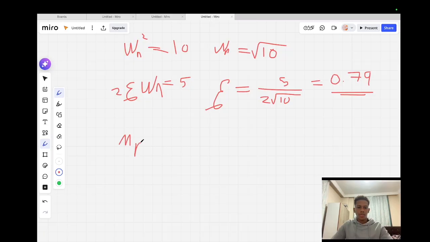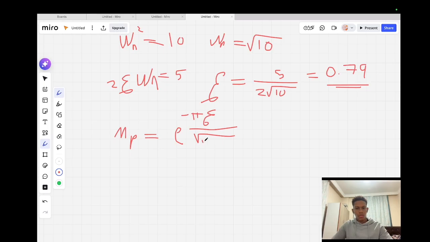MP equals exponential of minus pi multiplied by the damping ratio over square root of 1 minus the damping ratio square, multiplied by 100%.